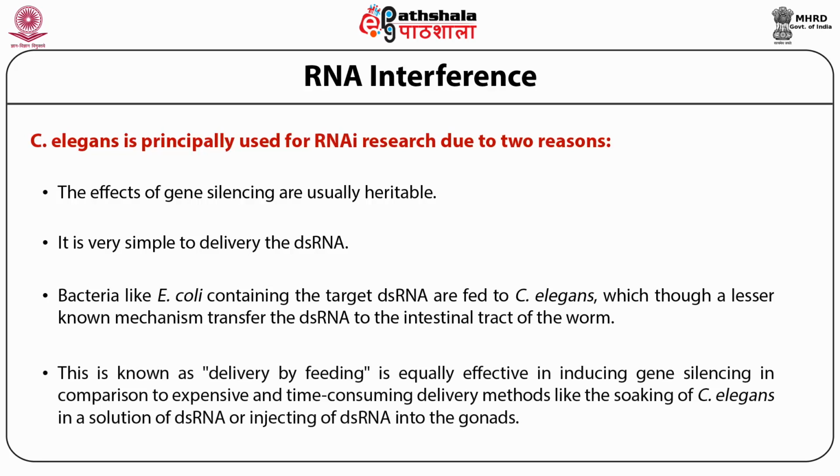This is known as delivery by feeding, and is equally effective in inducing gene silencing in comparison to expensive and time-consuming delivery methods like the soaking of C. elegans in a solution of double-stranded RNA or injecting double-stranded RNA into the gonads.